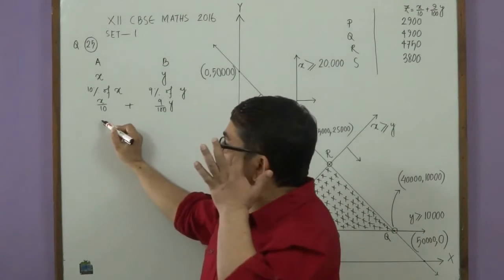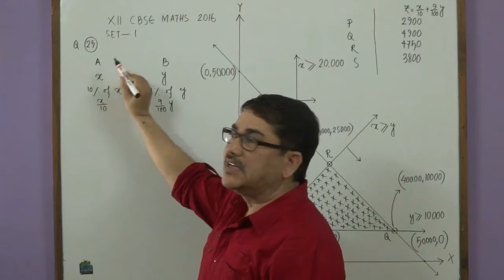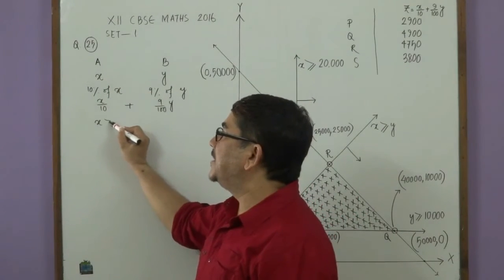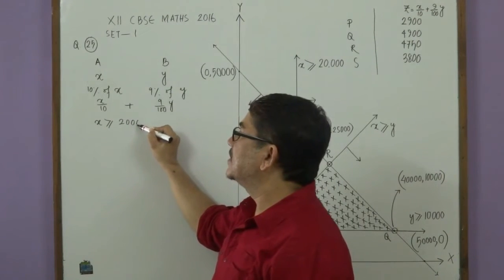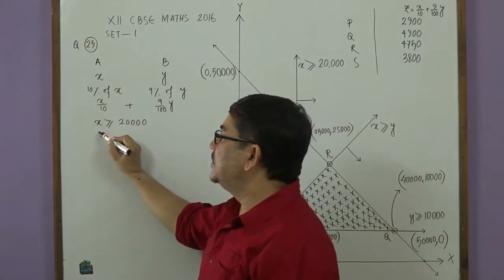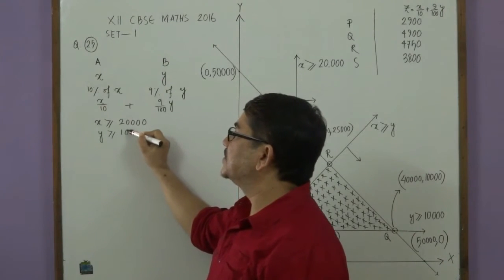It is also given in the question that in bond A he wants to invest minimum 20,000 rupees, and in bond B he wants to invest minimum 10,000 rupees.